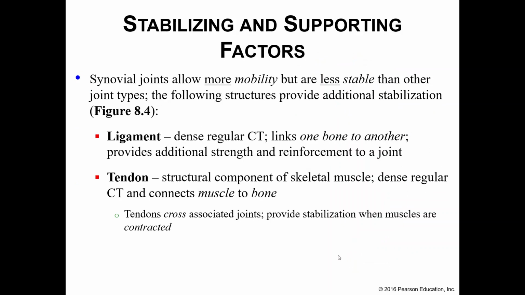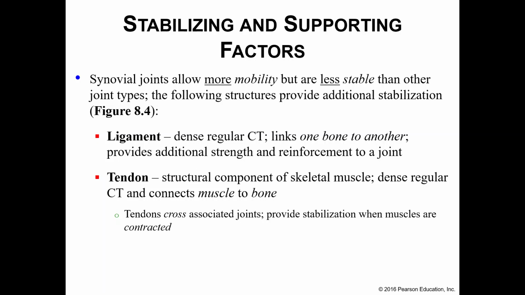Speaking of ligaments and tendons, since we do have so much movement at these synovial joints, it makes them less stable than your synarthritic and amphiarthritic joints. So we do all that we can to help reinforce and stabilize these movable joints. One or two of the ways that we do that are the ligaments and the tendons. Ligaments themselves are dense regular connective tissue.